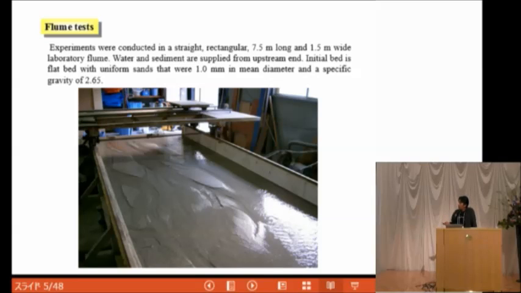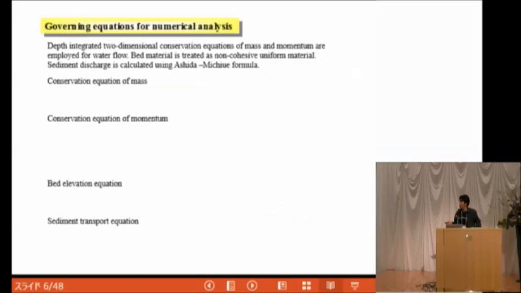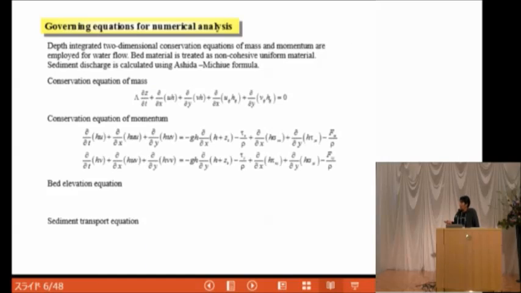In the numerical analysis, depth integrated two-dimensional conservation equations of the mass and the momentum are employed. For the conservation equation of the mass, we consider the seepage flow here. For the conservation equation of the momentum, the effect of the vegetation appears here.